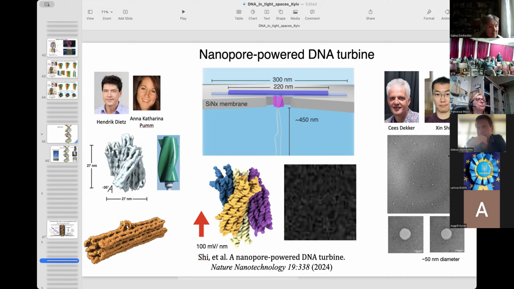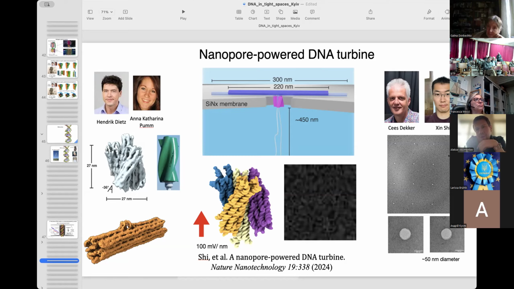Yeah, that's a good point. The problem with that is that you need to apply a very high field. What the nanopore does is focus all of the field to the nanopore. So even though you apply the field away from the membrane, because it's a conductor, all of the field lines are condensed to the nanopore. So you have a very high electric field in the pore, and that is what you need to spin the DNA. If you were to do it in a free solution, it probably won't work because you won't have enough field.